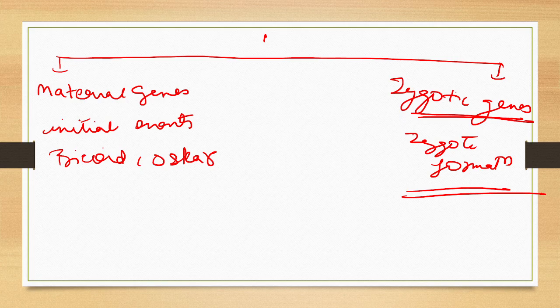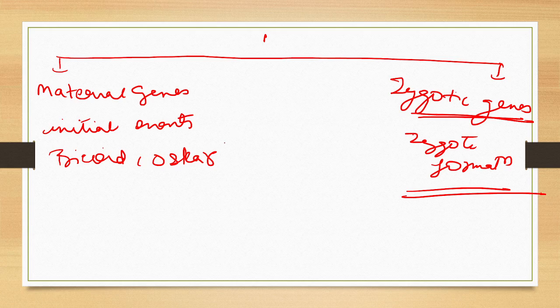Maternal genes are the genes which are present initially, before the zygote formation has occurred, and zygotic genes are the genes expressed after the zygote has formed. So they are expressed after the fertilization has occurred.